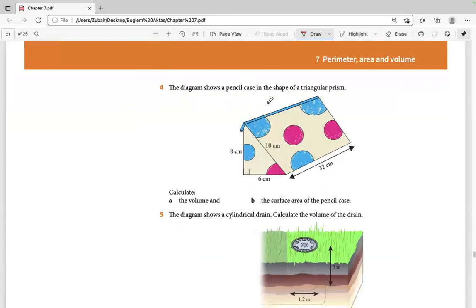The diagram shows a pencil case in the shape of a triangular prism. First one, calculate the volume.